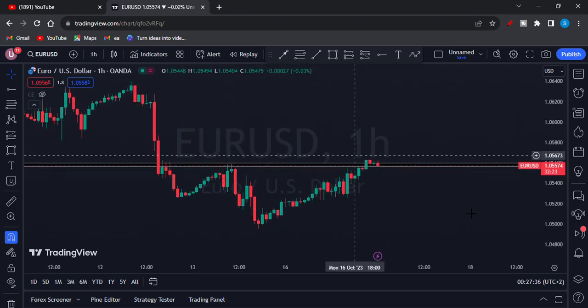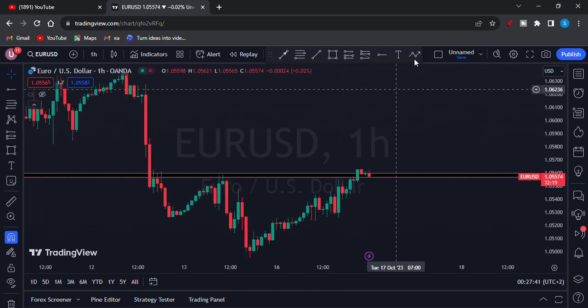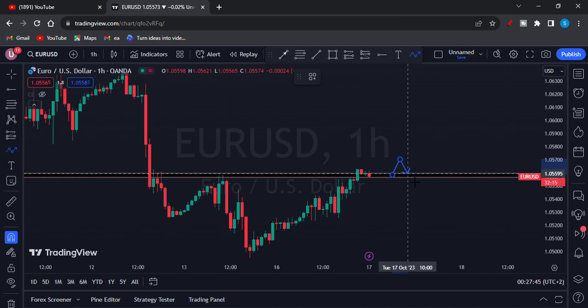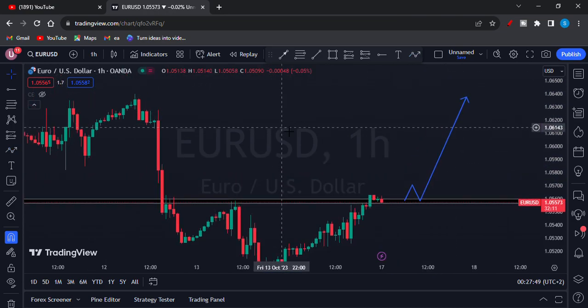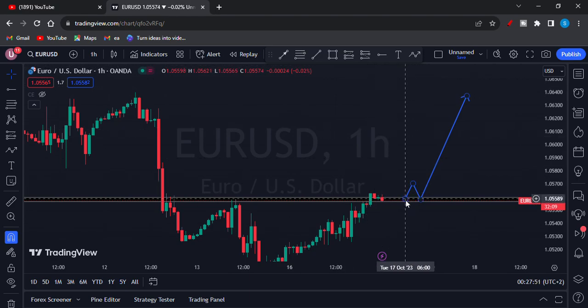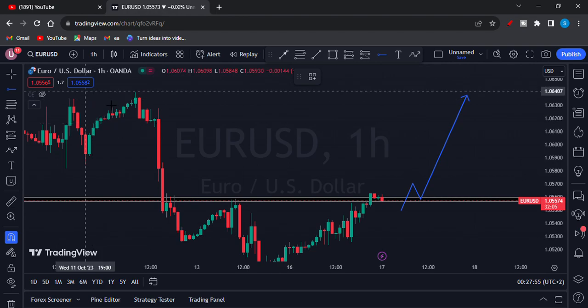Okay, so if the market is buying, then there's a possibility of a break, retest, then a potential TP is going to be if it breaks right here, right there.